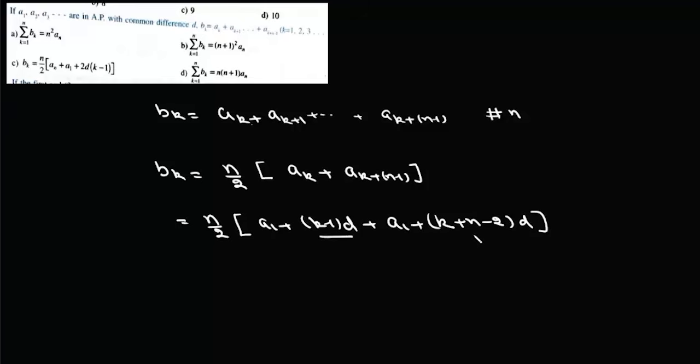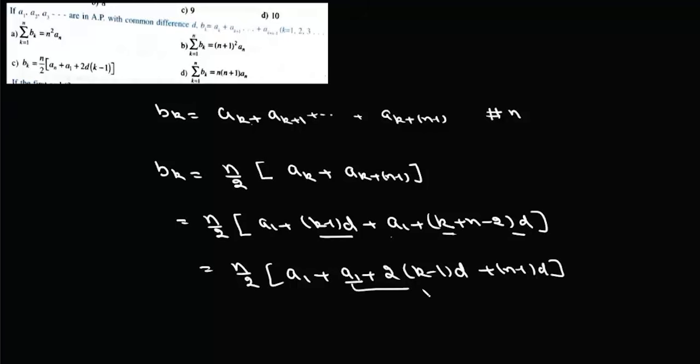Now we can take (k − 1)d and (k − 1)d here, so it will be n by 2 (a1 plus, we also have this a1, and then 2 times (k − 1)d, and what we are left with is (n − 1)d). Now a1 plus (n − 1)d is nothing but an. So we can write this as n by 2 (a1 + an + 2(k − 1)d), which is your option C.